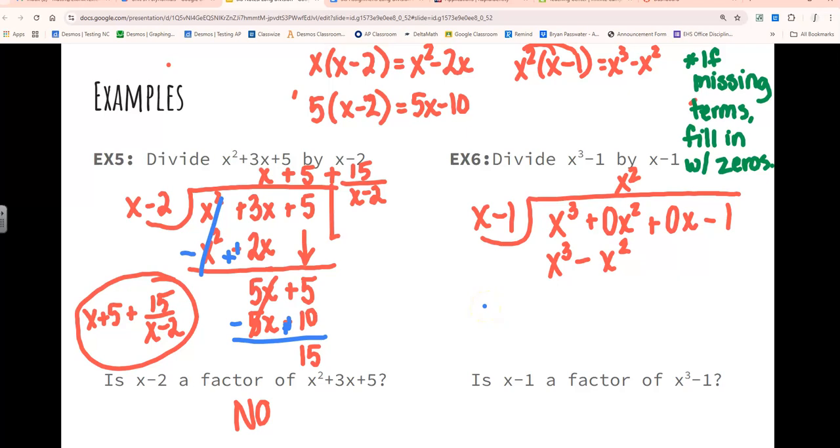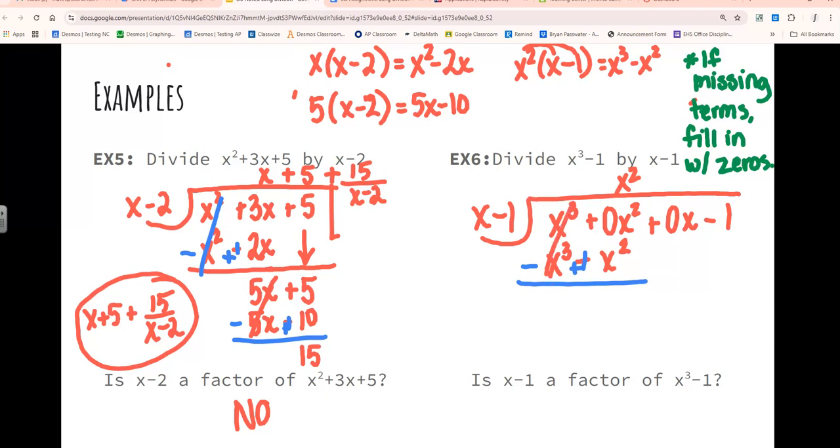All right, then after we divide, we multiply, we subtract. So I'm going to subtract. And right here where I'm subtracting a negative, it's really like I'm adding right there. Okay, so Caden, when I do x to the third minus x to the third, what do I get? 0, that's gone.